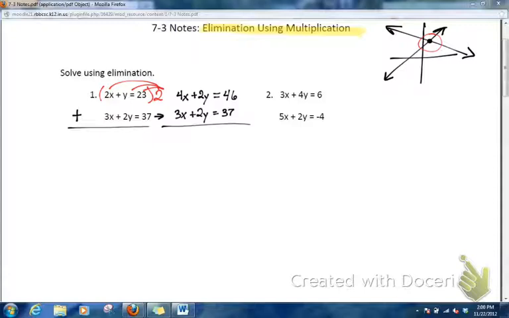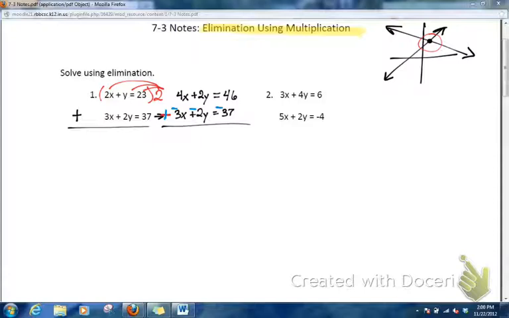So now you have two equations here that are ready to be eliminated, except again in this case we cannot just simply add the two equations together, because adding them together will not give me a 0 there. It would give me a 4y. That's not what I want. I want 0 y's. So I'm actually going to have to subtract these two equations. And again, if you remember what we talked about in the last section, subtracting is the same as adding the opposite. So I'm going to change it into addition and change all the signs.